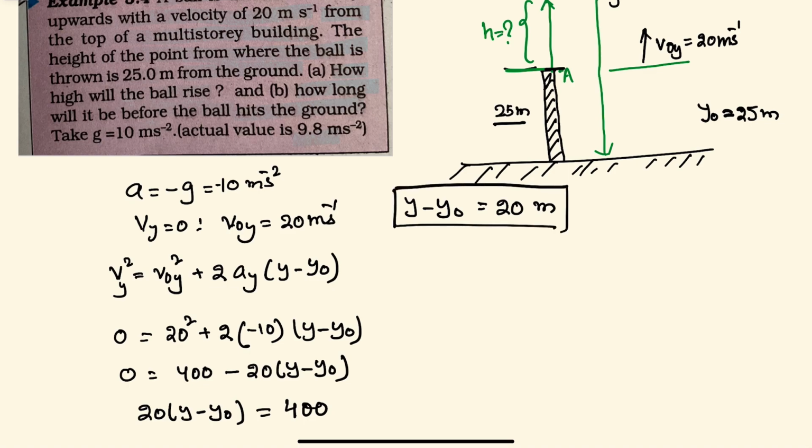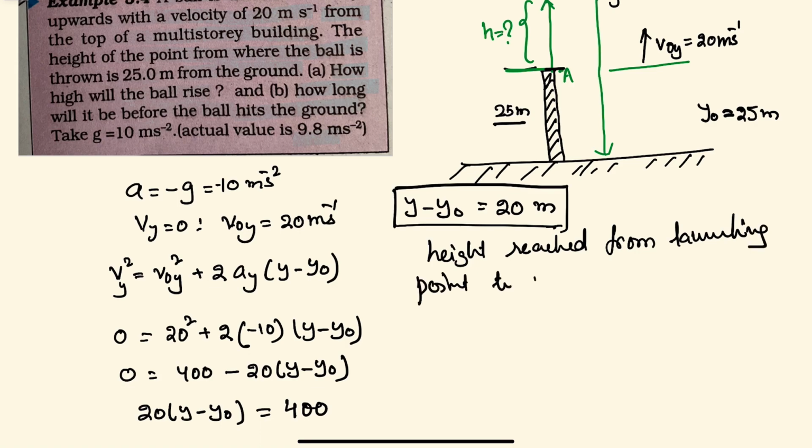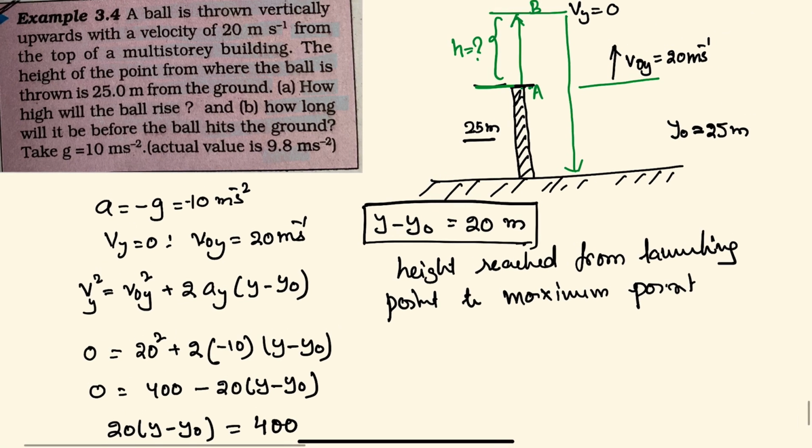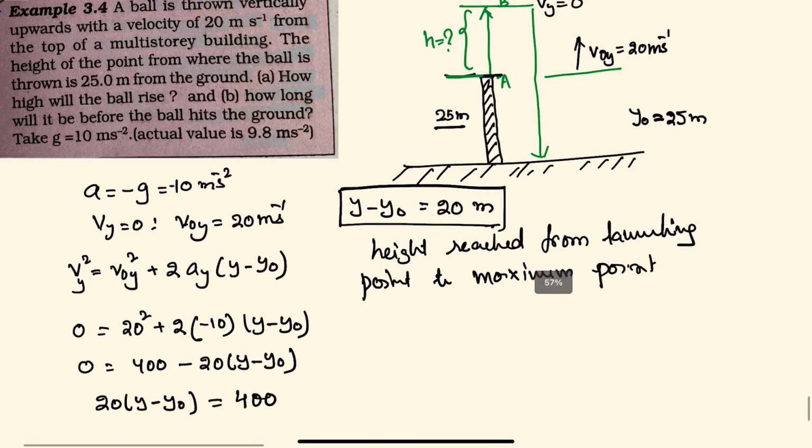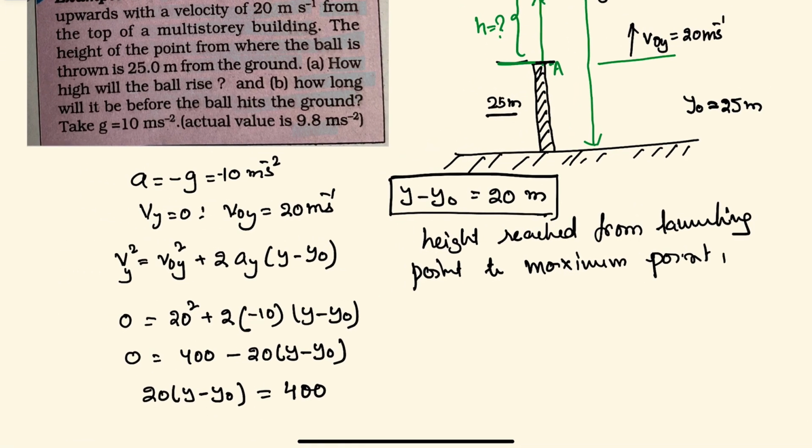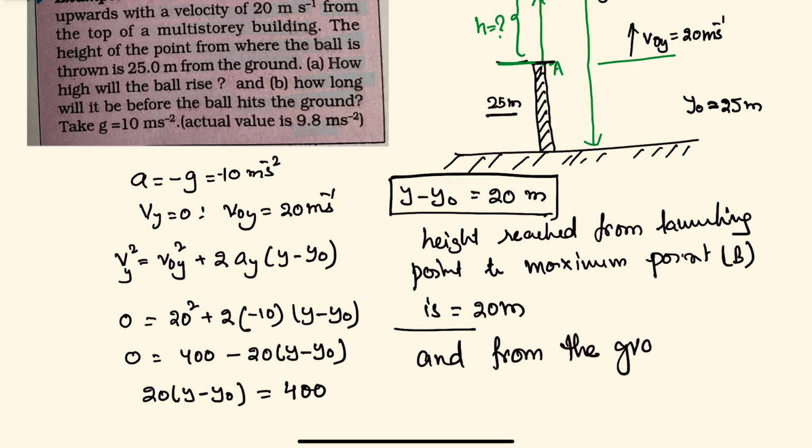So the height from the launching point to the maximum point, in case this is B, is 20 meters, and from the ground it is 20 plus 25 meters, which is 45 meters.